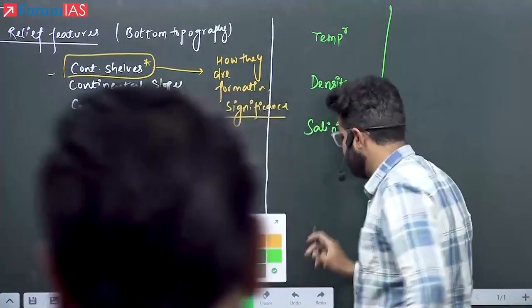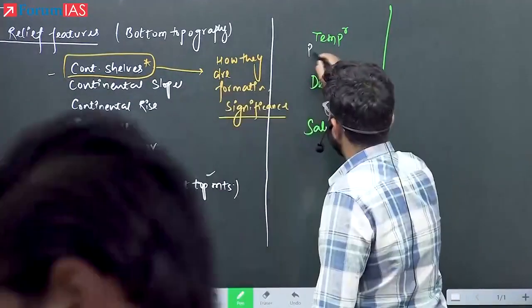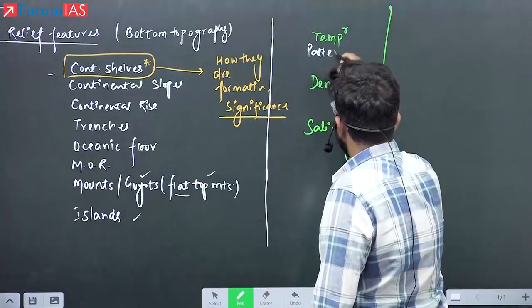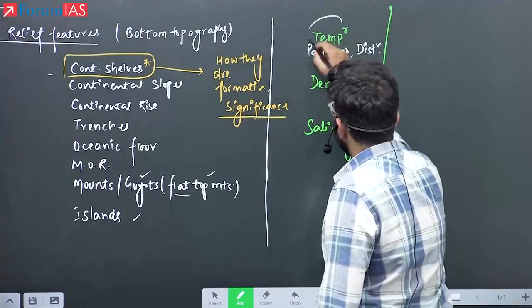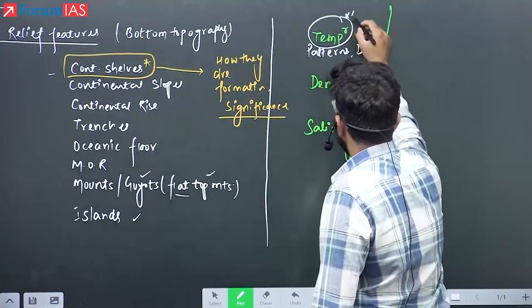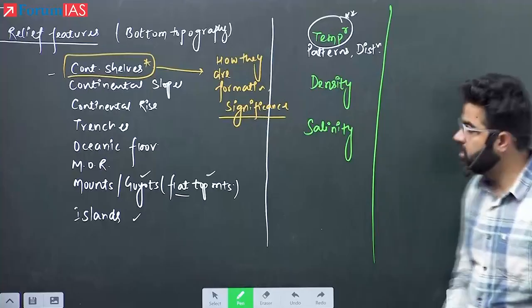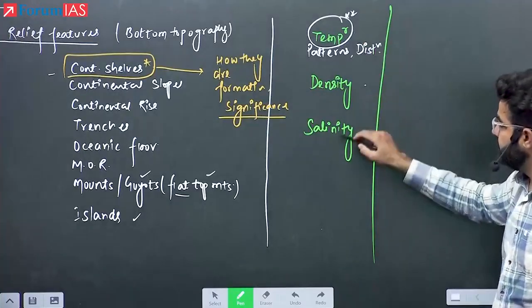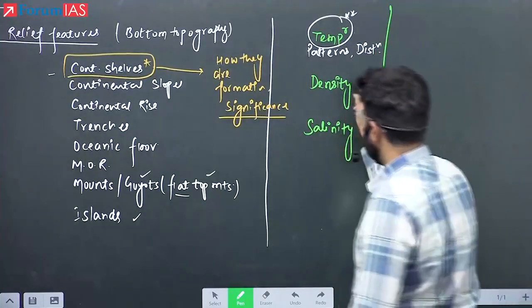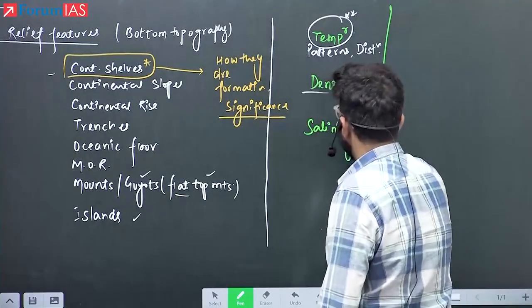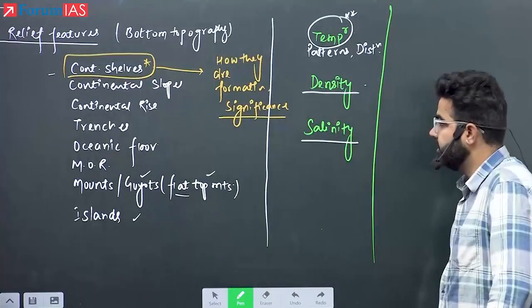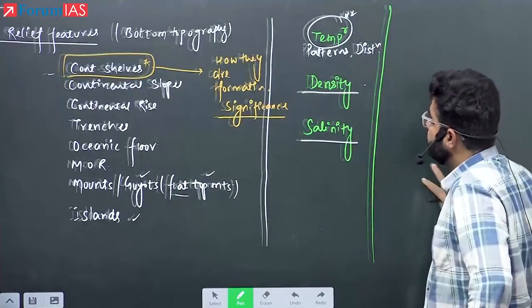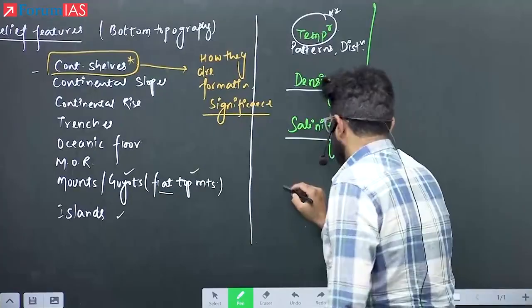For example, in the temperature, we'll understand the various patterns and distribution of temperature. Remember, from this area, we will get questions in the prelims, right? And the same way, pattern and distribution of density, pattern and distribution of salinity. They are important for both your prelims and mains.